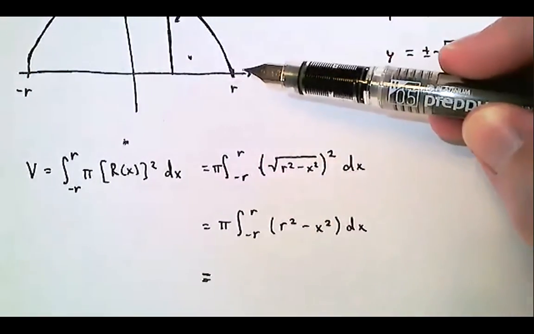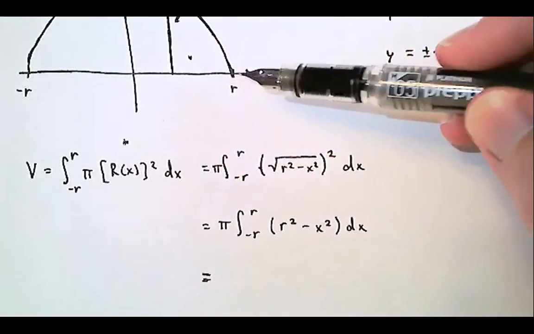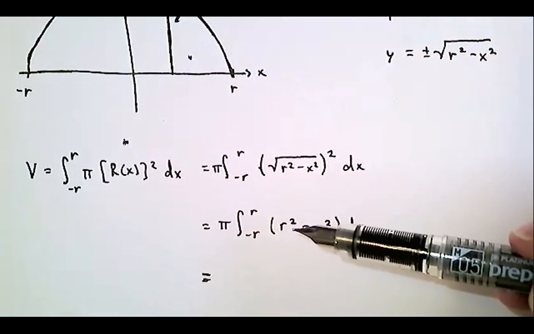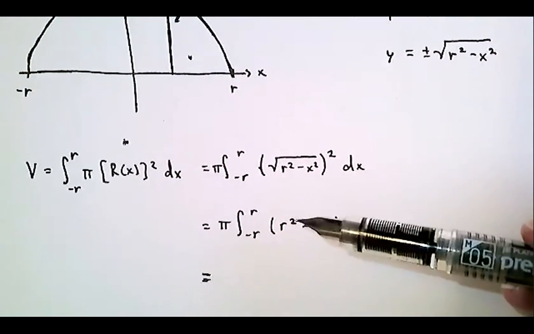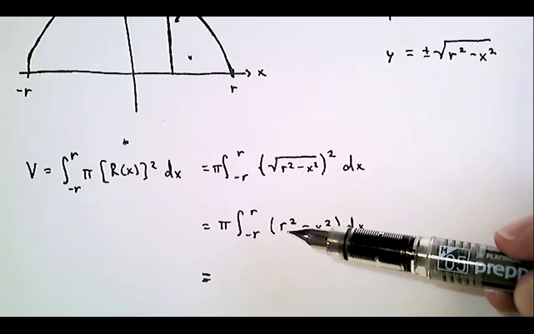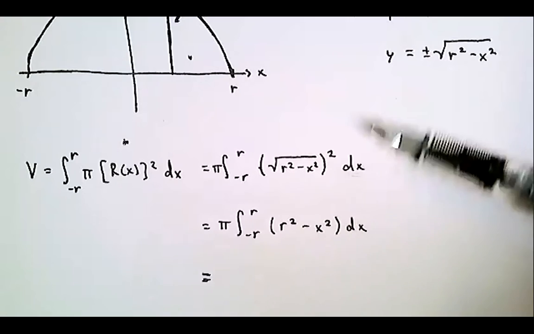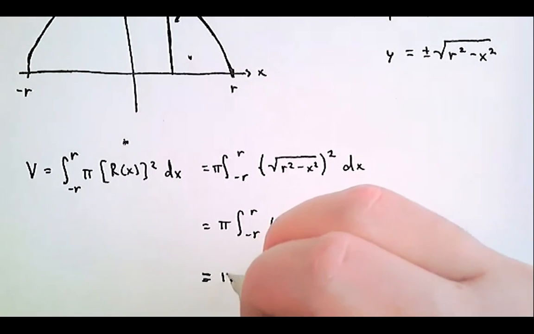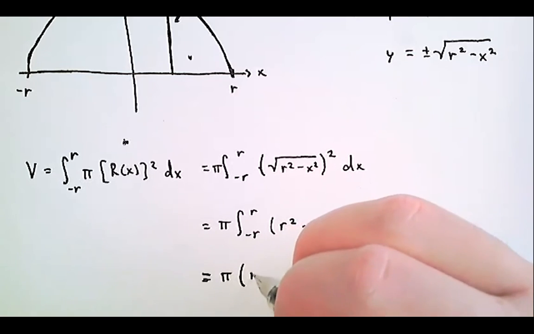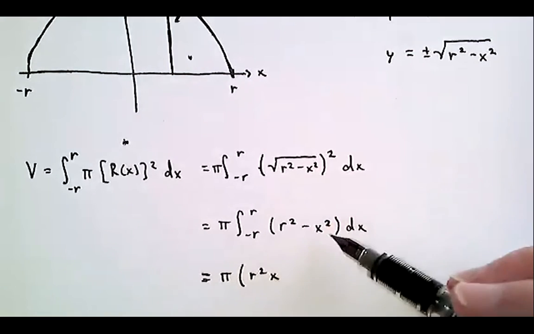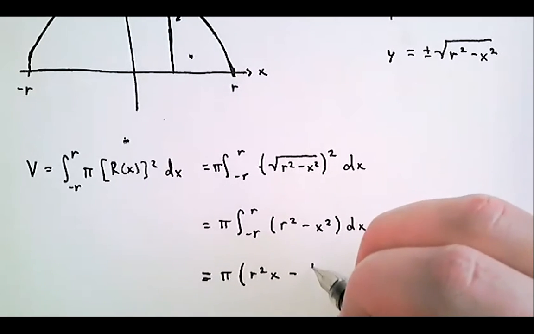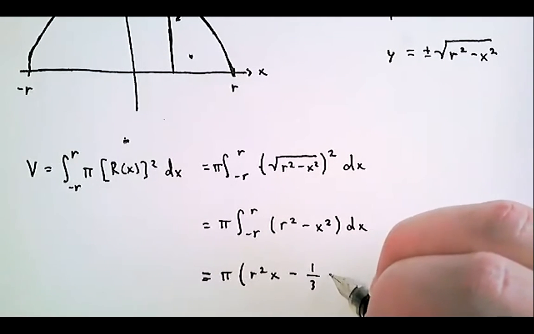It's actually just the radius of my, in this case, the sphere. So we treat r squared like a constant, and the antiderivative for a constant is just the constant times x, our variable. So bring the pi along, and then we have r squared x. Then we need an antiderivative for x squared. We'll use the power rule to get 1/3 x cubed.